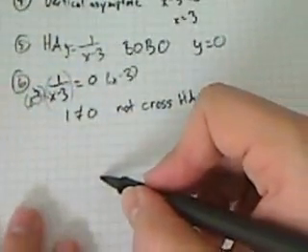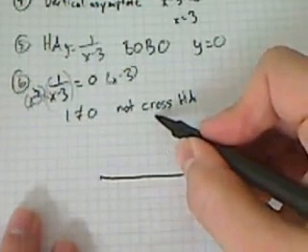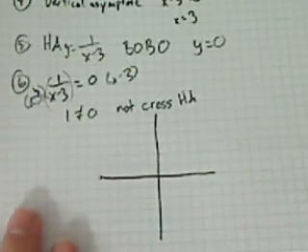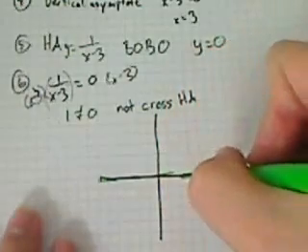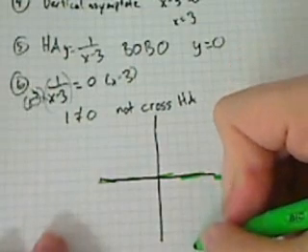So now when we go to graph this equation, we have our horizontal asymptote at y equals 0. We have our vertical asymptote at x equals 3.